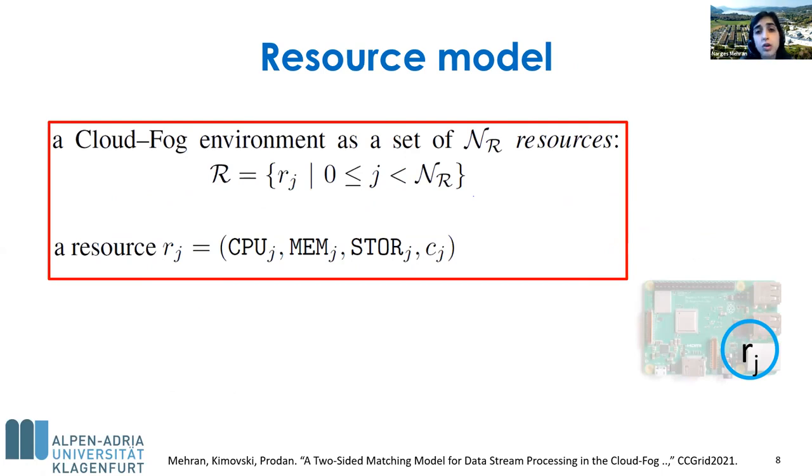And also we defined another term, which is the capacity of that resource, and it's related to the utilization of that resource, whether that resource will be able to process and host more number of microservices or not.